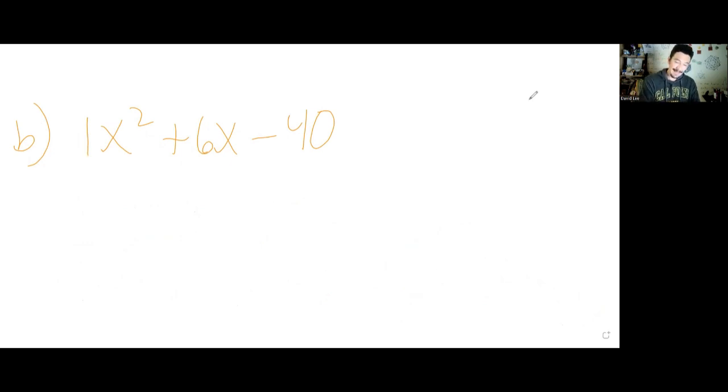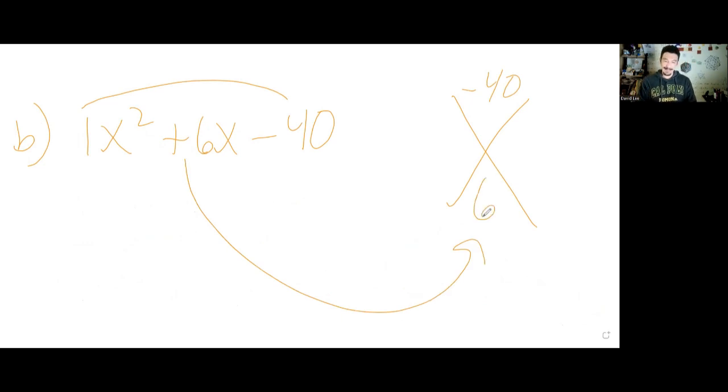All right, do the X thingy. In the top number, you want to go 1 times negative 40, which is negative 40. Keep the middle number and put it in the bottom. That's just 6. Now find the 2 numbers that multiply here, but add there. You'll soon see that the numbers you need are positive 10 and negative 4.